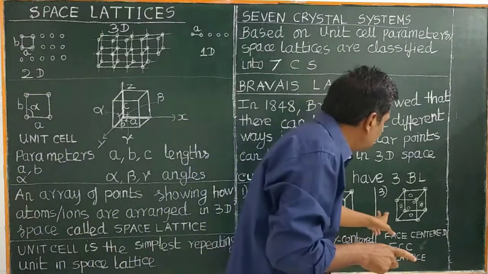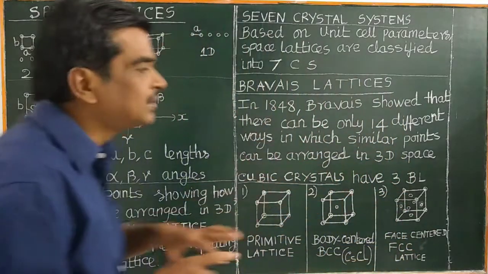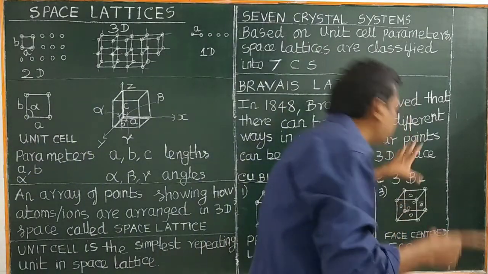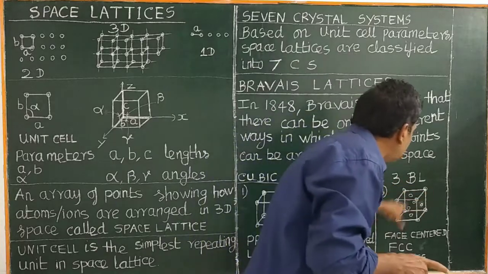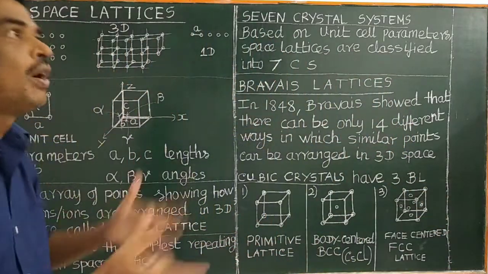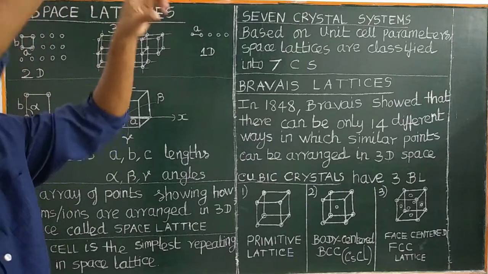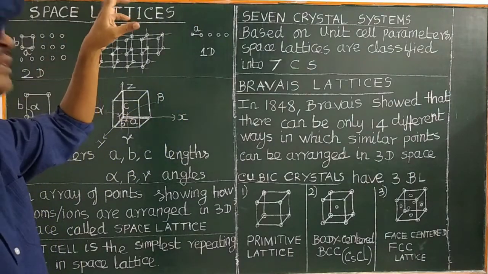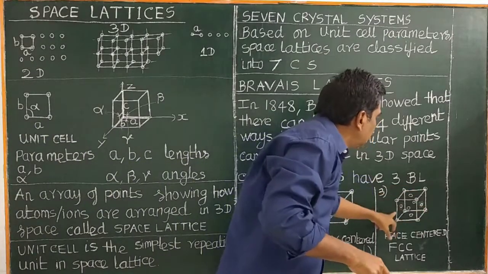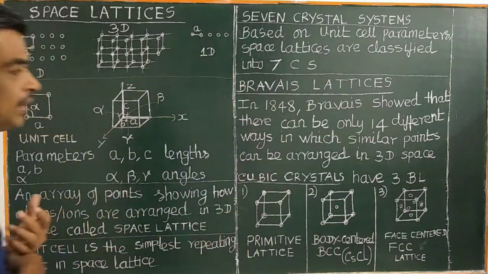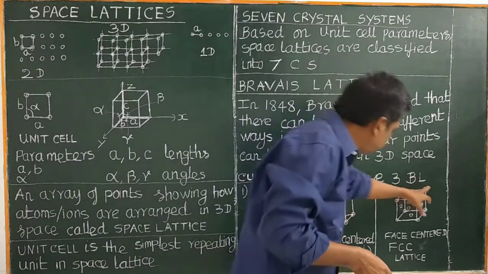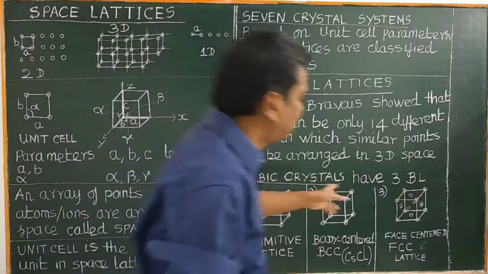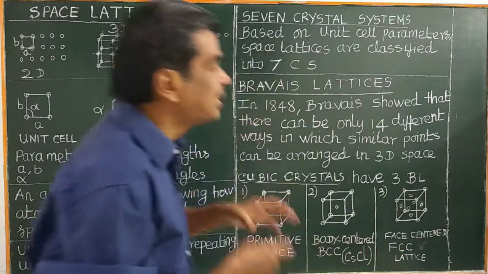Therefore, there are 6 atoms in the 6 face centers, in addition to 8 atoms at the corners of the cube. How many corners are there? You see the cube, like a room. There are 8 corners. In FCC, atoms are present at the 8 corners of the cube as well as at the 6 face centers of the cube.